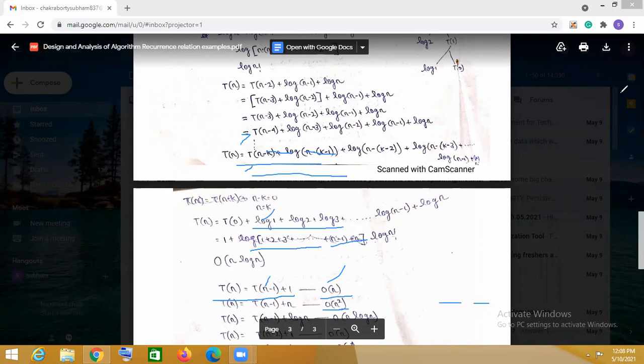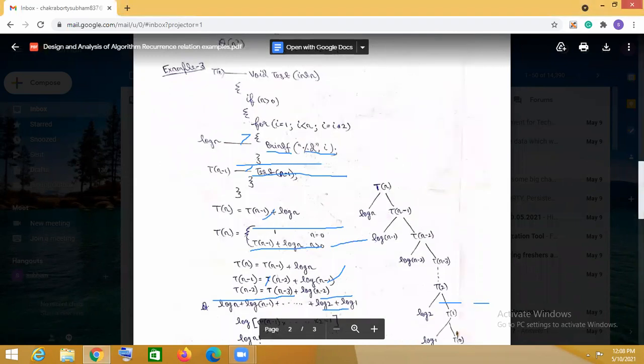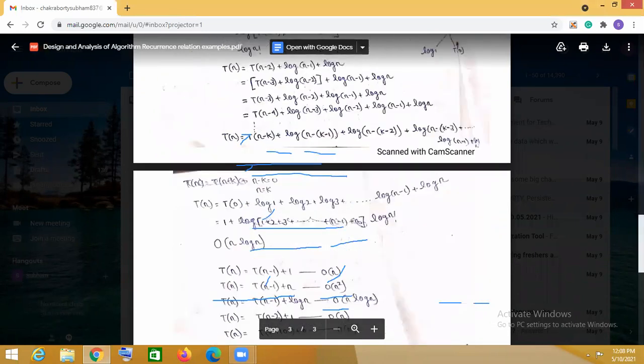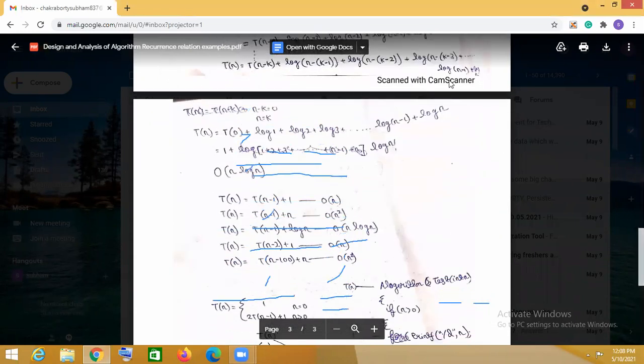If it is T(n minus 1) plus log n, then directly write: this is n, this is log n. So n log n. You can directly write it from that.